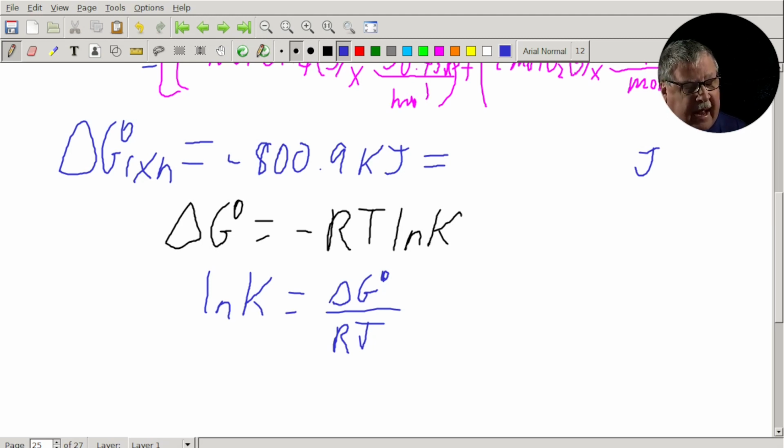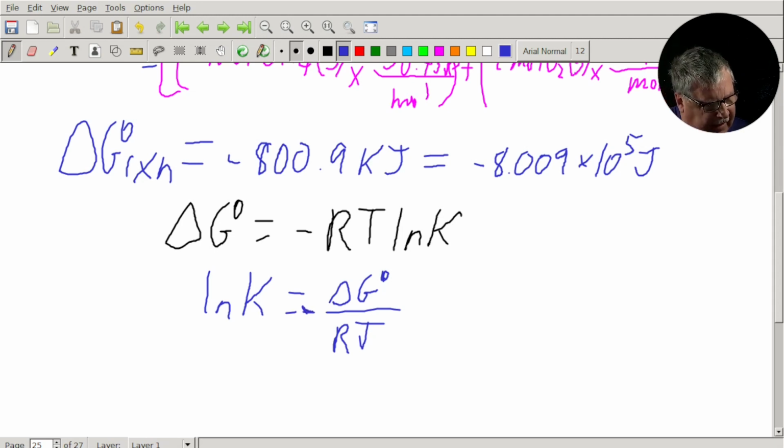So if we multiply negative 800.9 kilojoules, we get negative 8.009 times 10 to the 5th joules. Or if you prefer to write it as negative 800,900, that's fine too. It's going to work the same way either way.